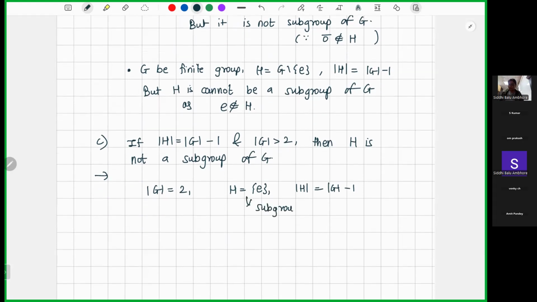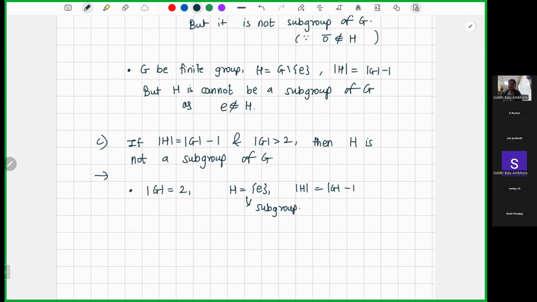So this violates the statement. If the order of G is 1, then the empty set doesn't make any sense, and it's not a subgroup anyway, so we don't have to go to that.